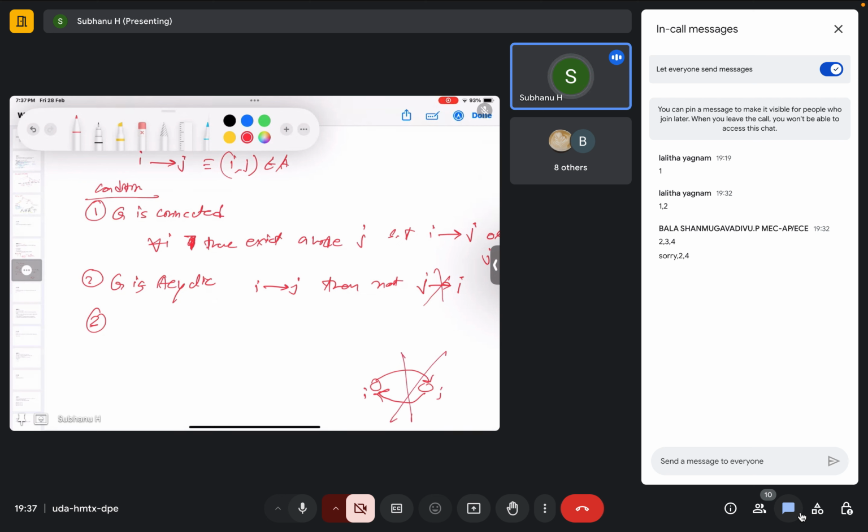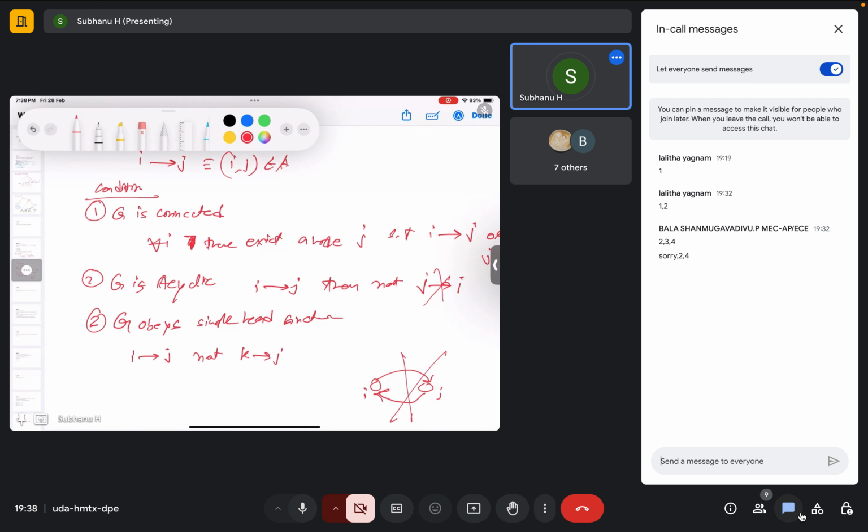Fine. And G obeys the single head constraint. That means if there is an edge from I to j, then there is no edge from k to j.